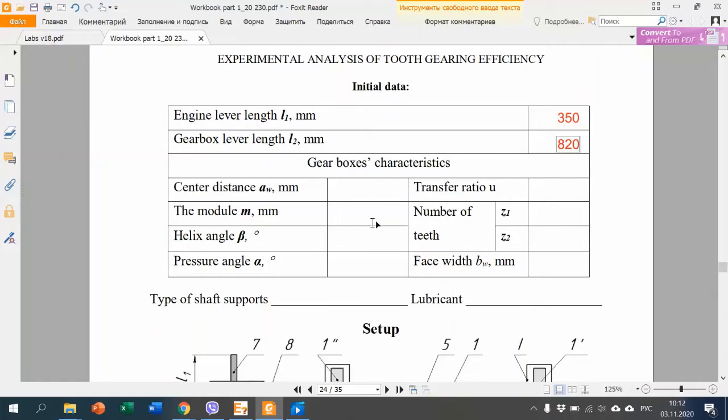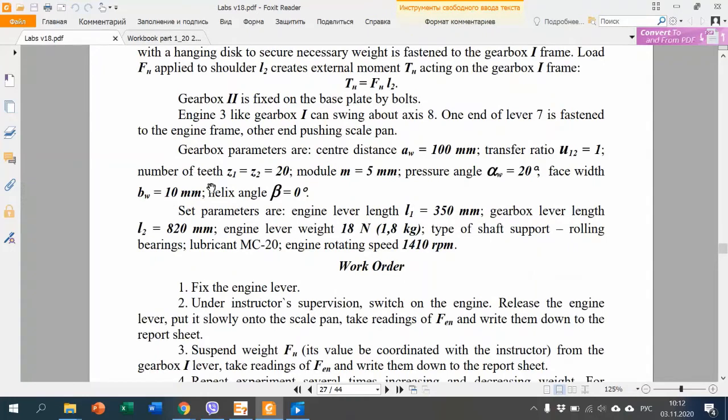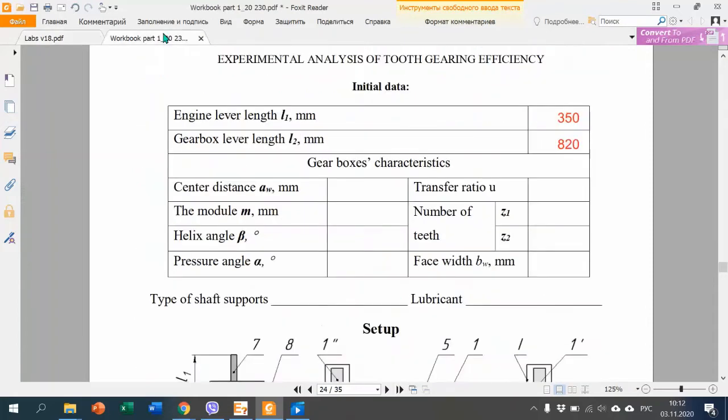Center distance 100 millimeters. Module is 5. Helix angle equals 0. Pressure angle 20 degrees.